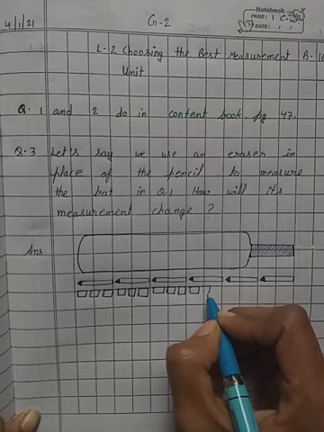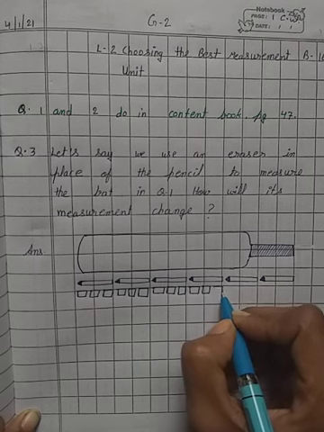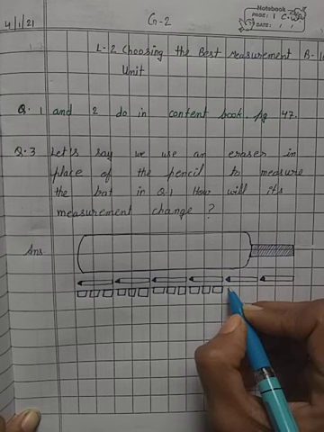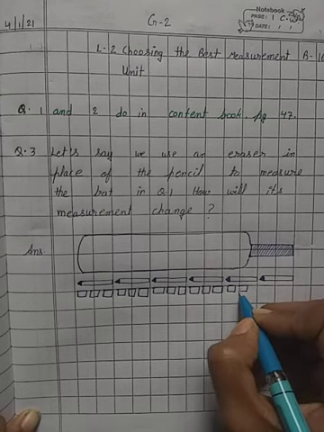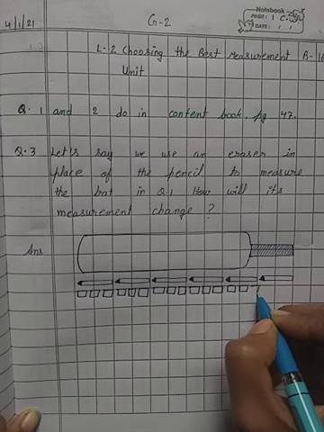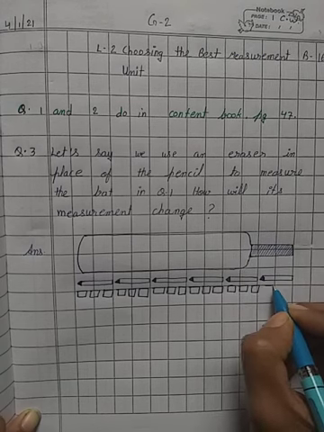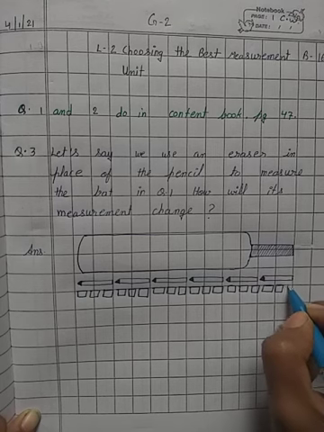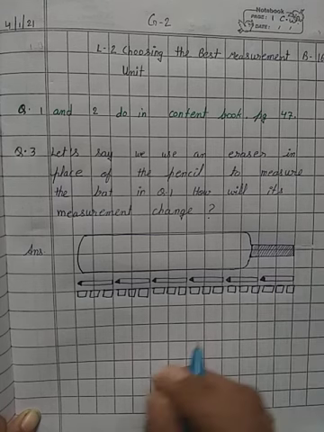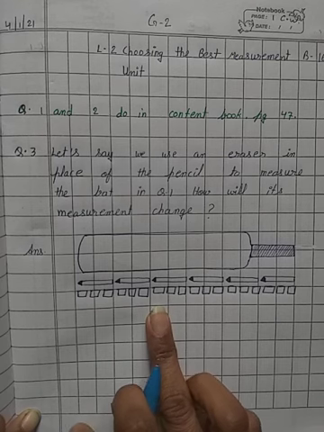This measurement can be different at any time because we have different lengths of pencils and erasers. We don't have a fixed length of pencil or eraser, so this measurement can change.